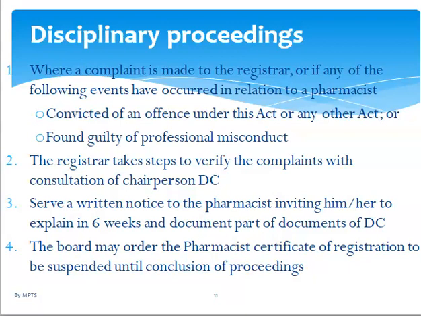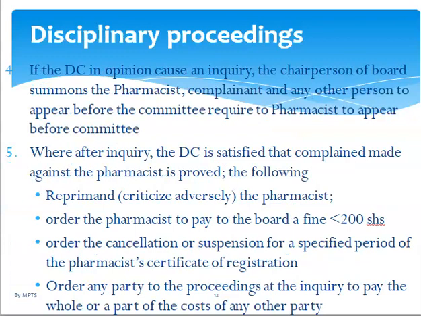The registrar takes steps to verify the complaint by consultation with the chairperson of the disciplinary committee, and serves a written notice to the pharmacist inviting him or her to explain within 6 weeks, and this document forms part of the disciplinary proceedings. And of course, the board may order the pharmacist to bring the certificate of registration within these proceedings until he or she is judged, because you are innocent until proved guilty.